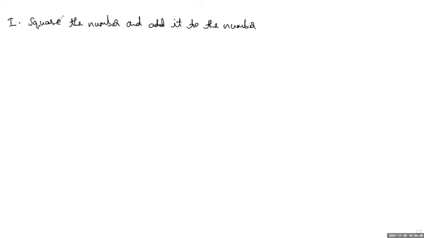First you should square, n square, and then add it to the same number. That is n square plus n. Did you understand? First rule, how I got n square plus n. First square the number and then add it to the same number. Okay, that is rule 1.